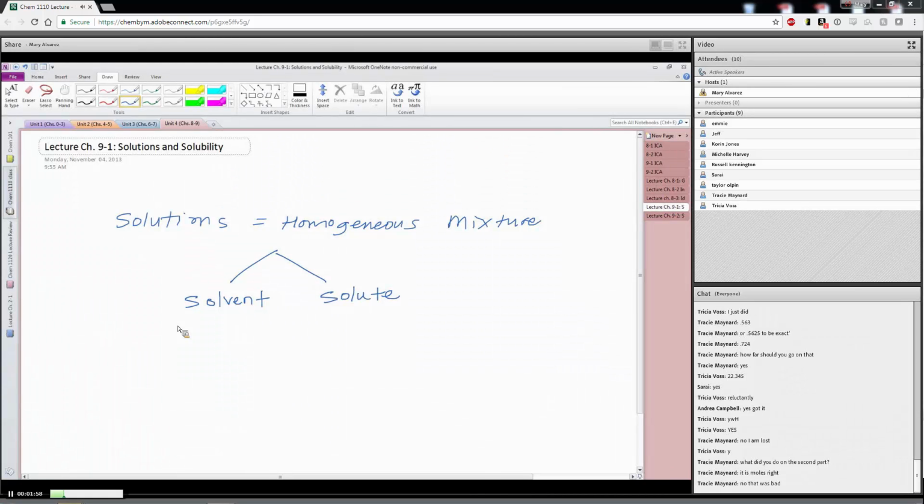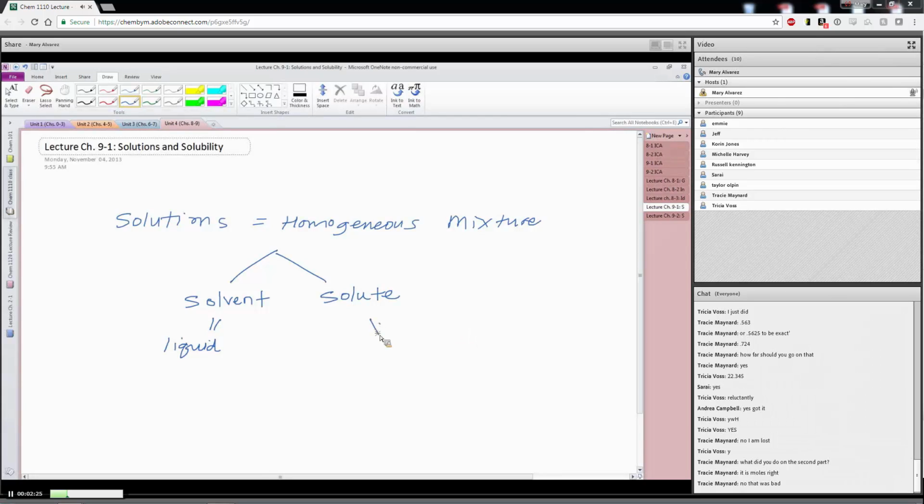Air is a homogeneous mixture; we can look at it as a solution of gases. Or brass is a homogeneous mixture; we can look at it as a solution of more than one metal solid. But for the purposes of chapters 9 and 10, we're going to be talking about liquid solutions. And for those solutions, our solvent is the liquid that other things are dissolved into.